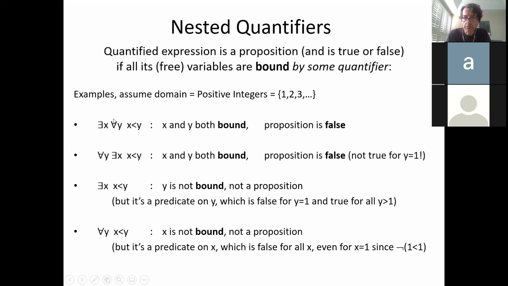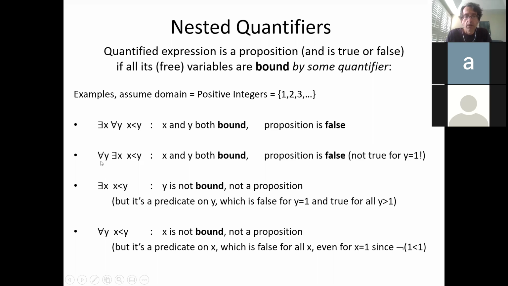That's easy to have a counterexample. Take y equal x. It will for sure make this false, right? Because y equal x will be a counterexample for that x. So the inner thing is false for every x, and therefore the whole thing is false.